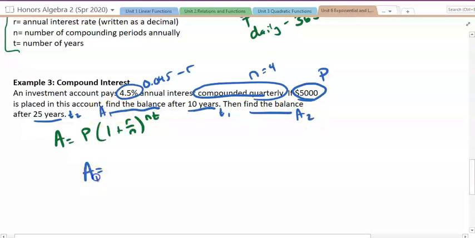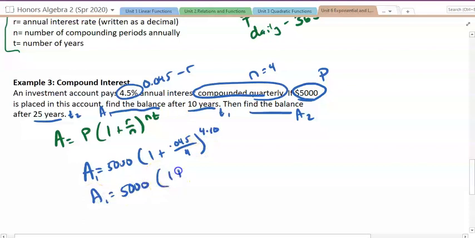Okay, so A sub 1, this would be the 10-year mark. So we're going to start with our $5,000. It's 1 plus 0.045 over 4, our number of times we're compounding, times 4 times 10. And so our calculation here: 5,000, 1 plus, when we divide that, we get 0.01125.